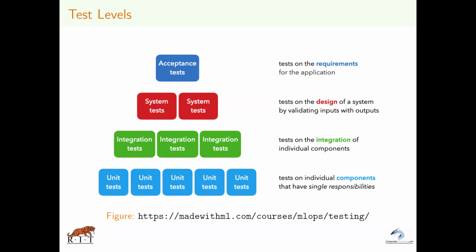And finally, when your program is in production and the user clicks on a link and gets an error, this link doesn't exist, it's called a user test.